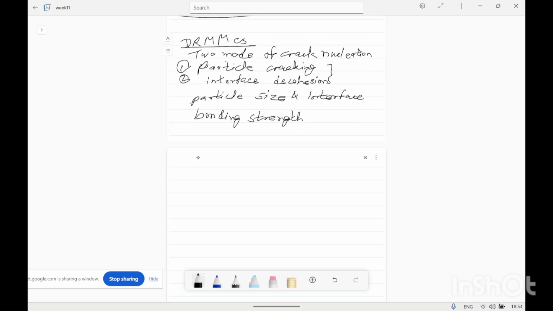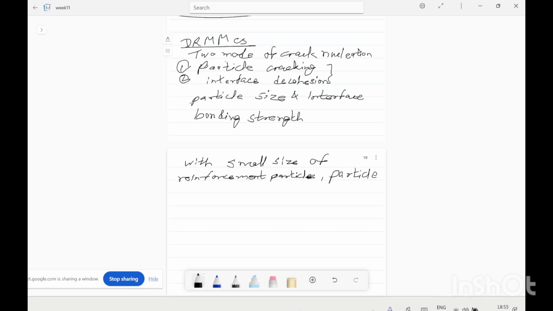So the particle crack: with a small size of reinforcement particles, the particles will crack with the deformation.